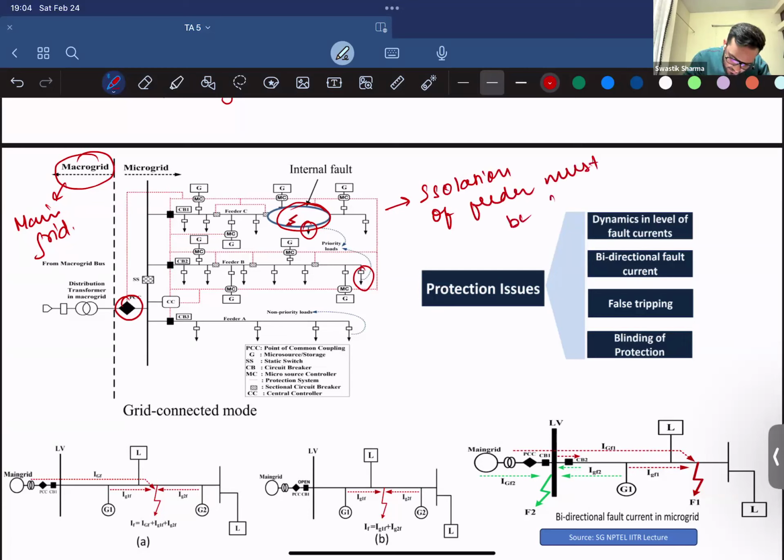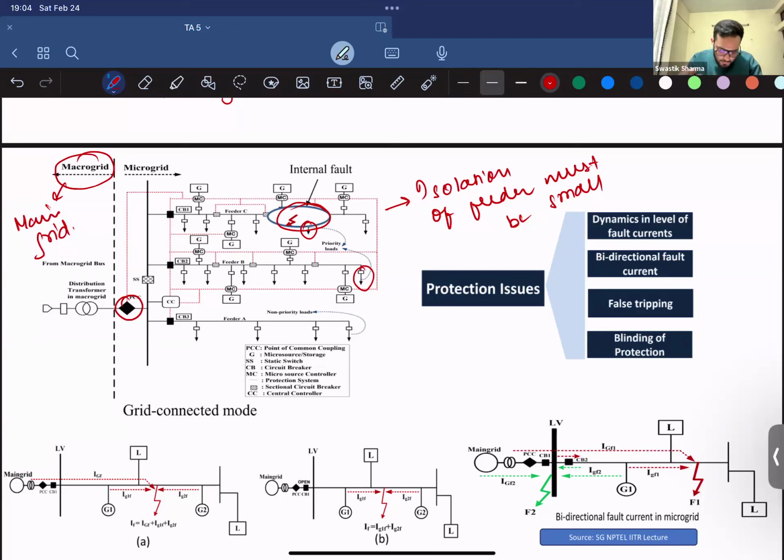If by mistake we isolate a large feeder, we will isolate loads which were not meant to be isolated, right? So our relays, our protection equipment, should be smart enough to quickly isolate the smallest possible section of the feeder.